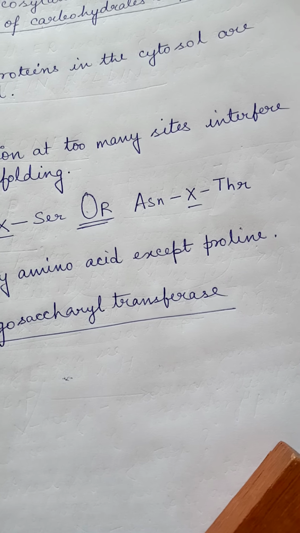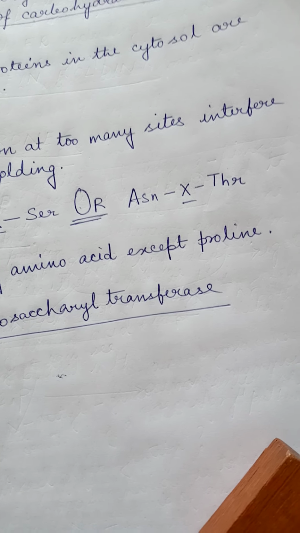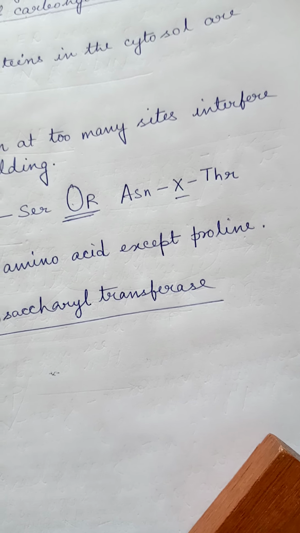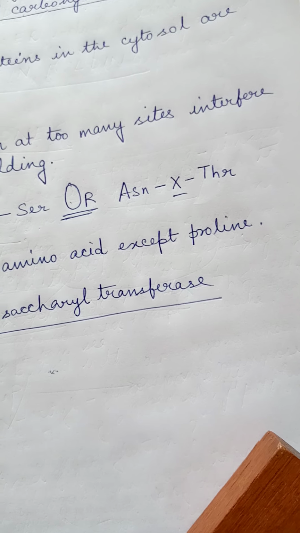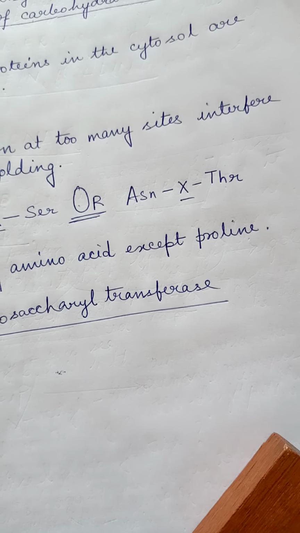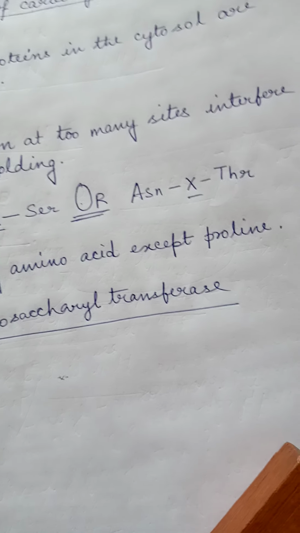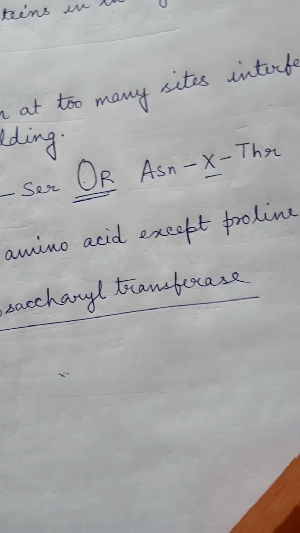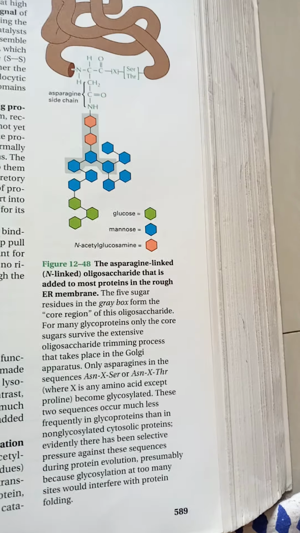Most of the soluble and membrane-bound proteins that are made in the endoplasmic reticulum, including those destined for transport to the Golgi apparatus, lysosome, plasma membrane, or extracellular space, are glycoproteins. This is the picture.